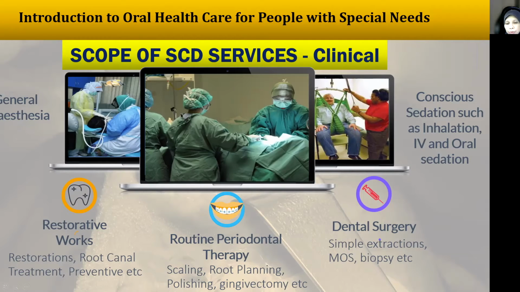And if you have to do MOS or minor oral surgery, whether you can do it on the dental chair, or you need to arrange another long appointment for the patient under sedation or even under general anesthesia. These are the things you need to look into. It's not just about the patients, but the whole thing about them, about the support, the caregivers, the medical issues, and whether you need to speak to other medical colleagues about their treatment.